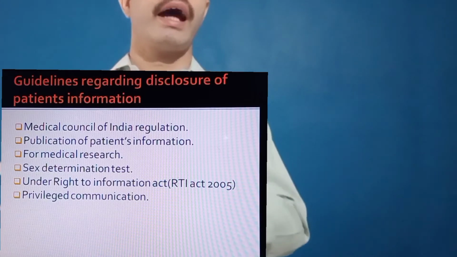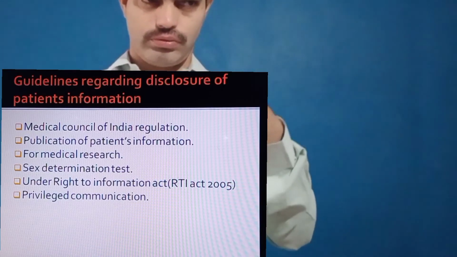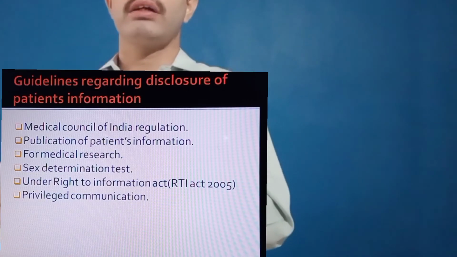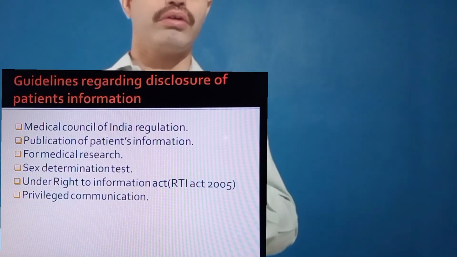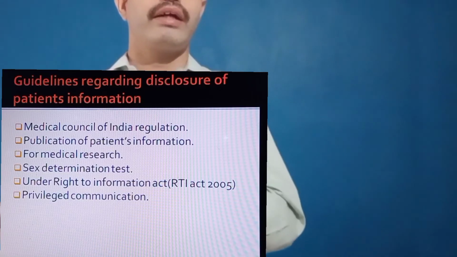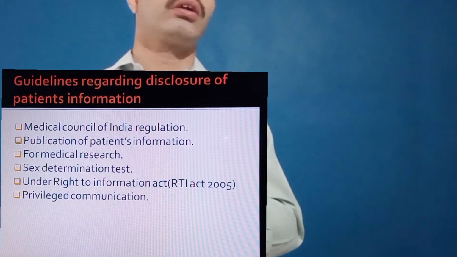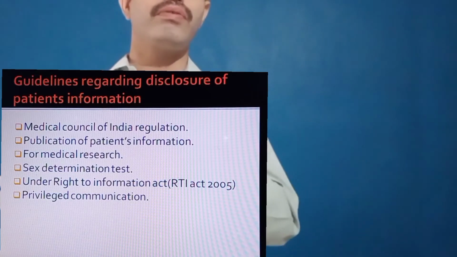when the patient himself or the dependent or the legal heirs submit the application for the medical records, the doctor or the hospital has to issue that medical record within 72 hours. And under the RTI Act 2005, that patient will get the information within 30 days. So of course it is not beneficial for that patient.